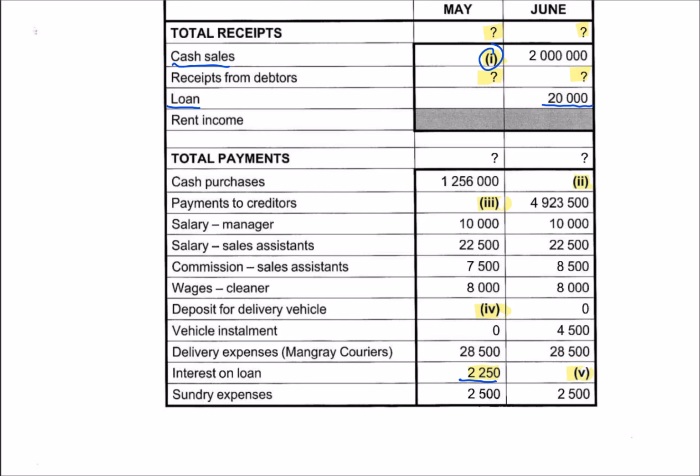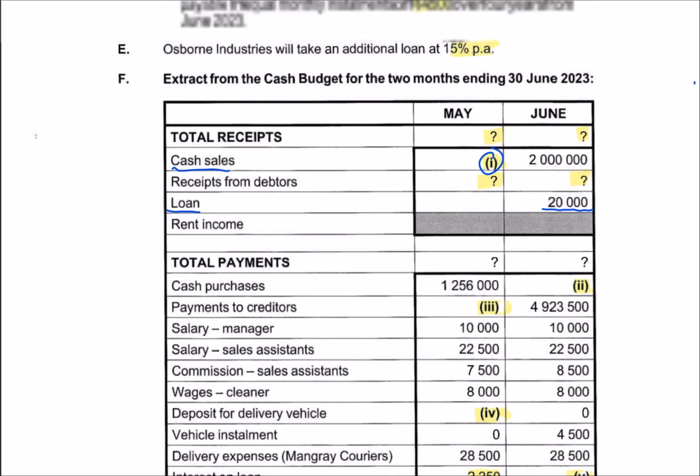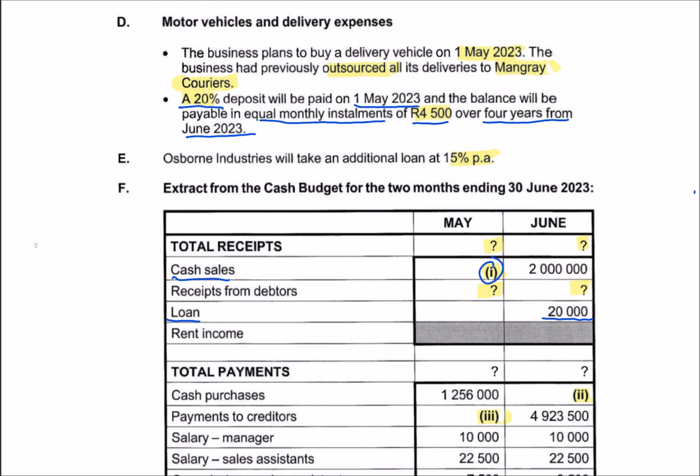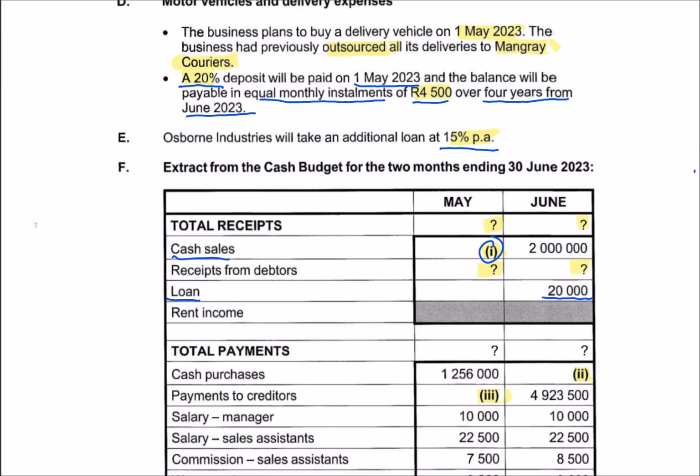So we need to calculate the new interest on the loan. And they say this is an additional loan at 15% per annum. And how much did they take for the loan? They took the loan of 20,000.